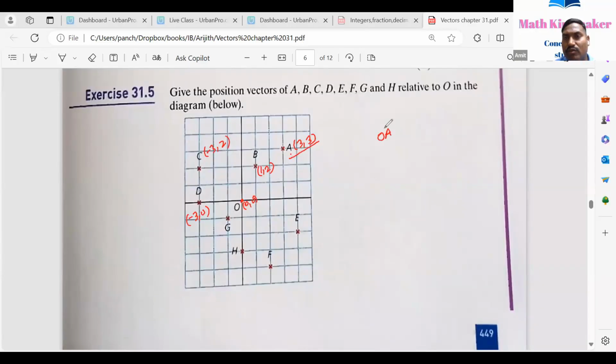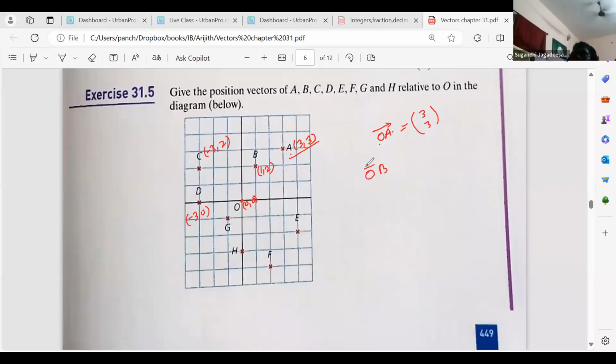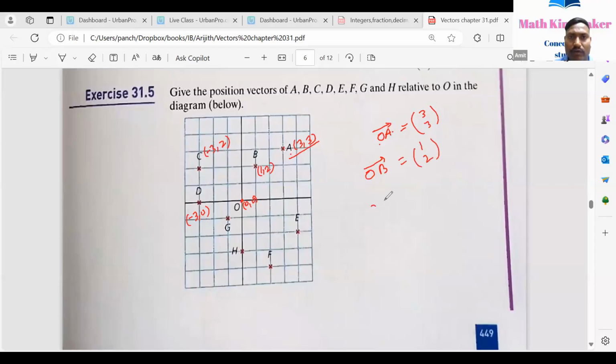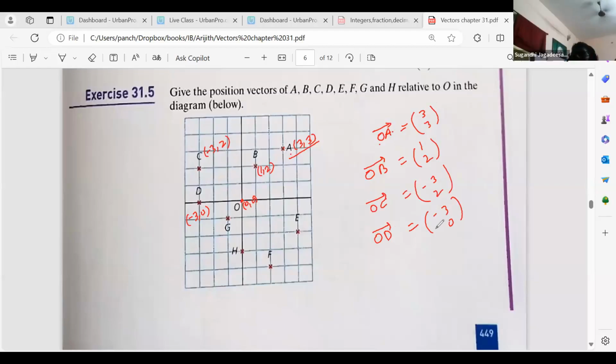Position vector is always denoted by OA, meaning position vector of A with respect to O. So it is 3, 3. Position vector of B is 1, 2. Position vector of C is minus 3, 2. Position vector of D is minus 3, 0. You got it? Yes, sir.